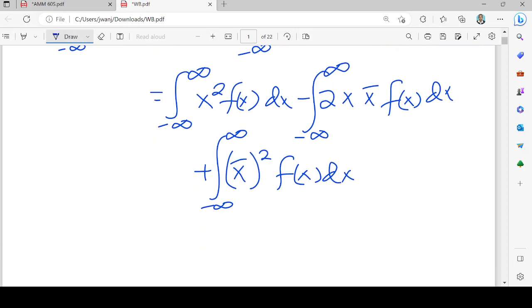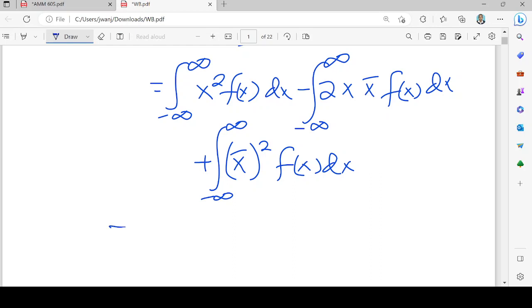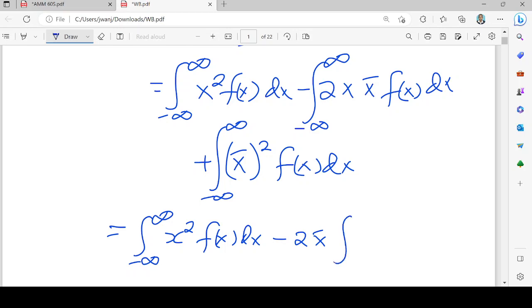Now notice that for the first term, we just write the integral from negative infinity to infinity of x squared f(x) dx, minus 2. 2 is a constant. X bar is also a constant. Then we have the integral from negative infinity to infinity of x f(x) dx.